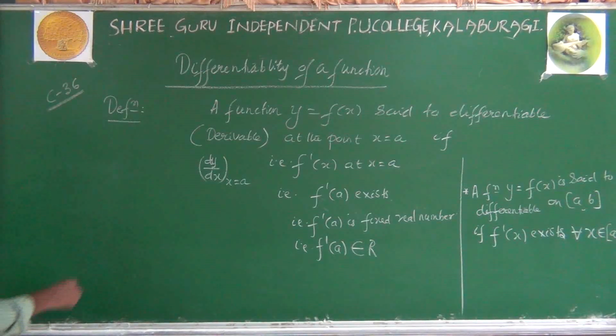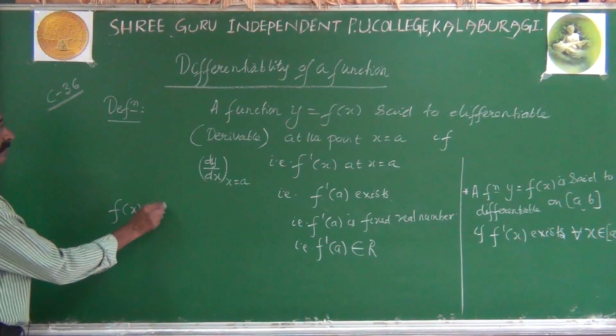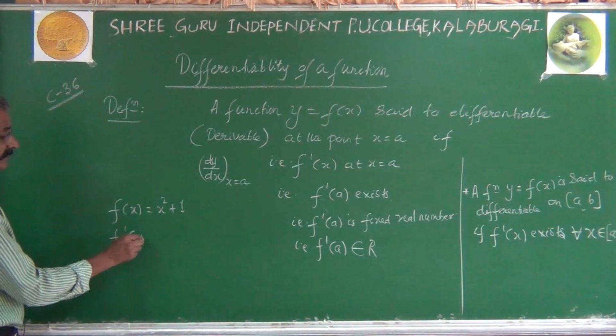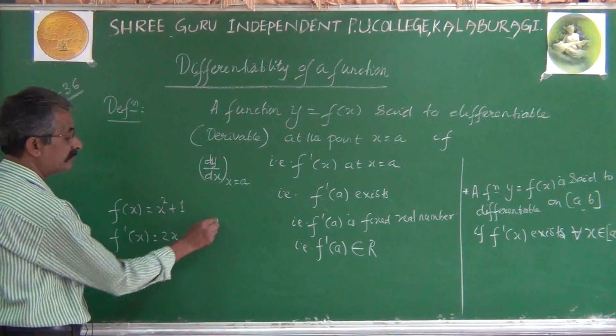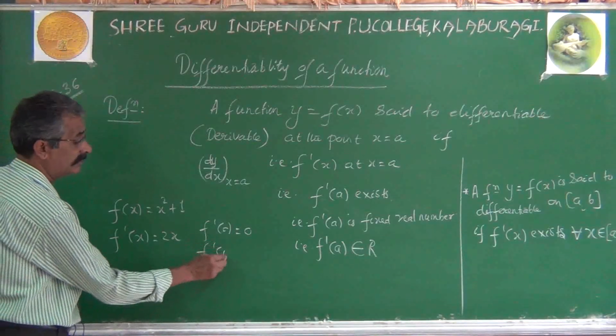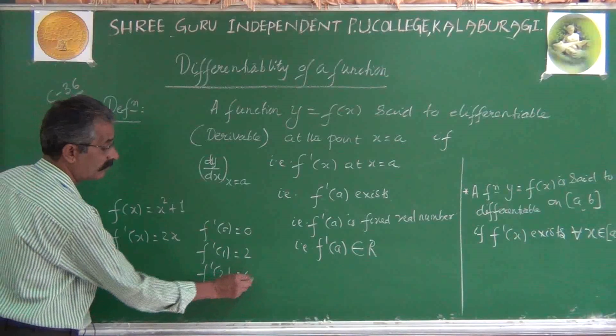As a simple example, suppose f of x is equal to x square plus 1. Let's find f dash x. What is f dash x? 2x. Let's calculate f dash 0. What is f dash 0? 0. Calculate f dash 1, 2. Calculate f dash 2, 4.